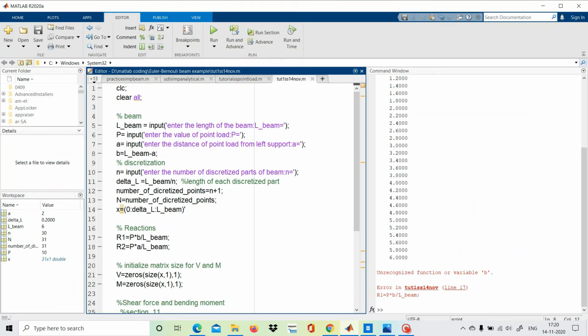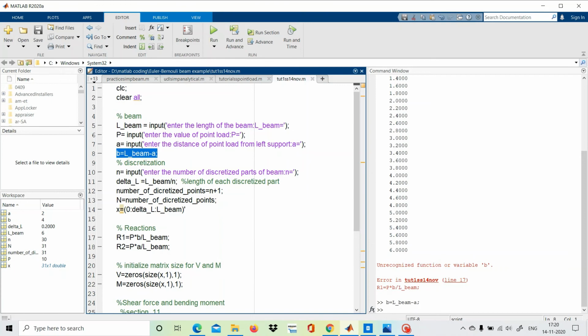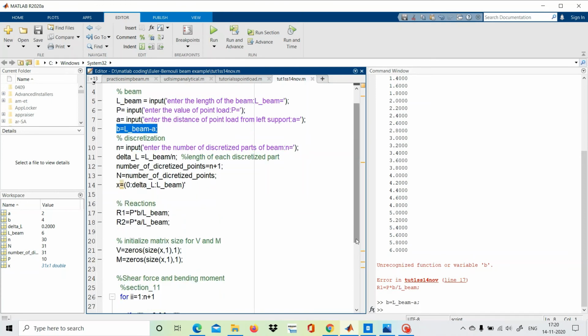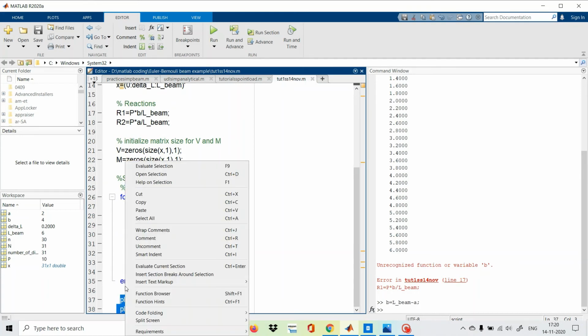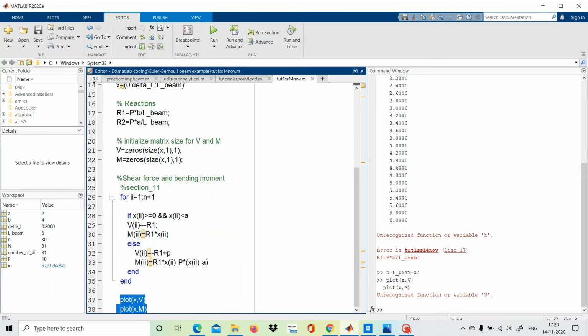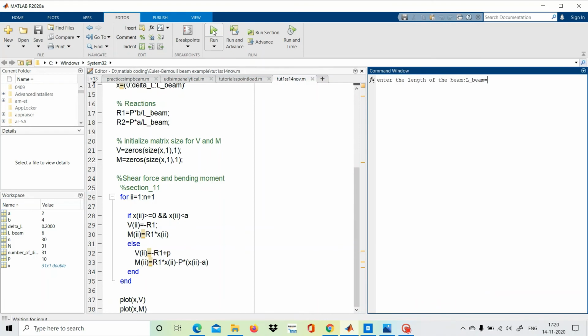So now we have fed this data. Let's give evaluate, and now we will just go to the command final that we want this plot. So let's see what it will give. Evaluate selection. So unrecognized variable v. So again we'll just click run.